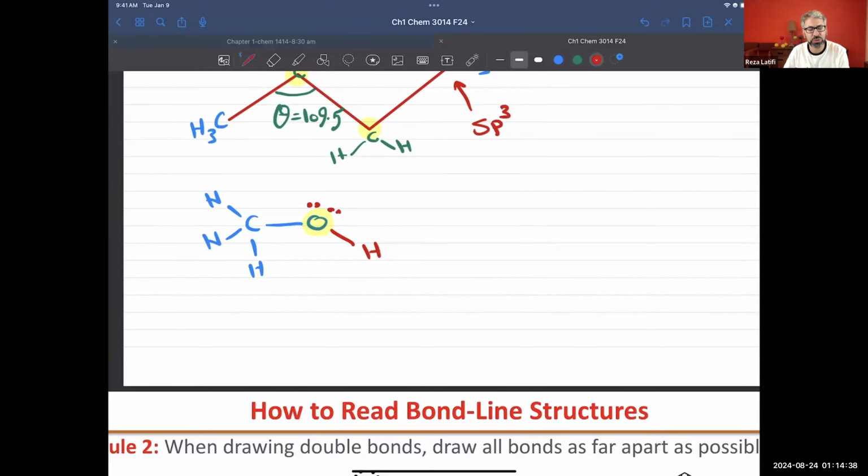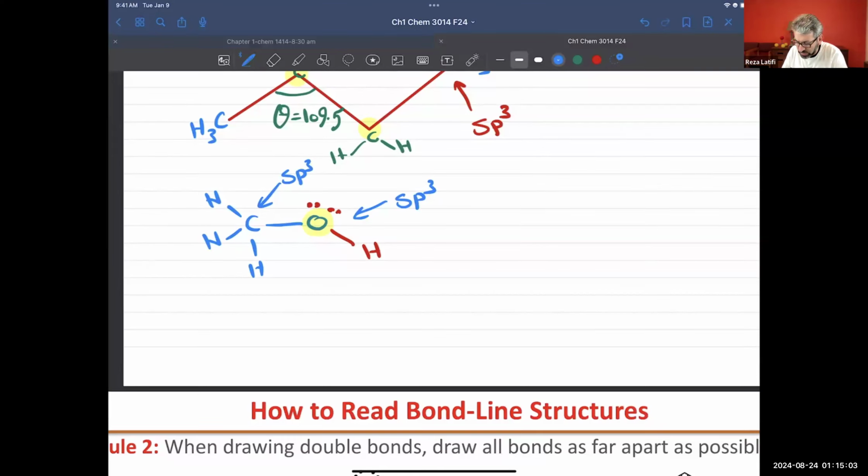Whenever you're drawing the molecule, you will draw it in a way that the bond angle is around 109. Why? Because here oxygen has sp3 hybridization, and the same thing here, sp3 hybridization.